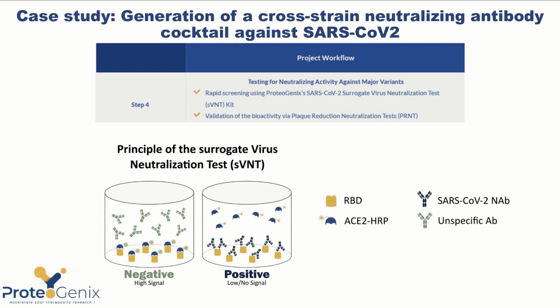This test involves a HRP conjugated human ACE2, which will bind the COVID-19 receptor binding domain. If antibodies binding the COVID-19 receptor binding domain are present, then this will block the access of HRP conjugated ACE2, resulting in a lowered ELISA signal caused by the neutralizing antibodies.